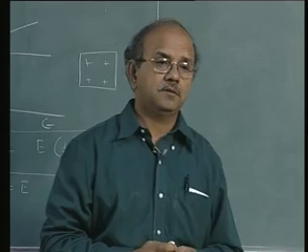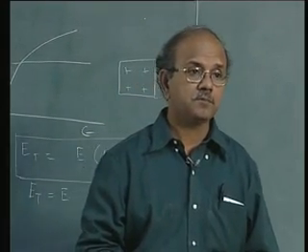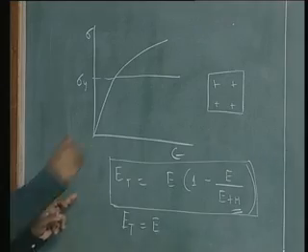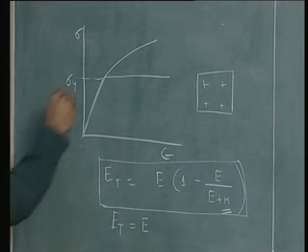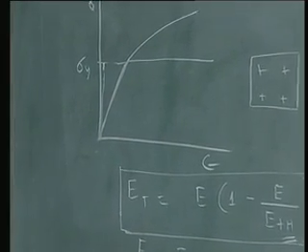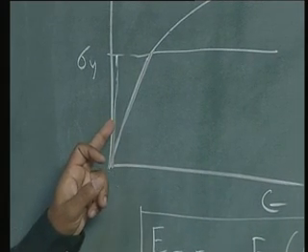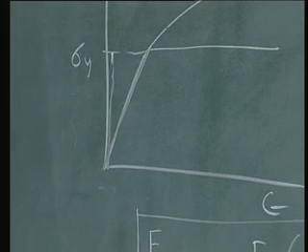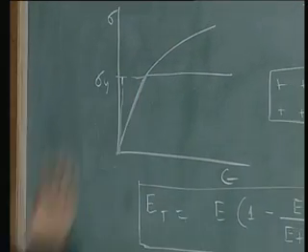In many problems, especially when we deal with forging problems, we may not be interested in the elastic part. Please note that I have exaggerated the slope. Actually, the slope will not be as high as that. I told you in the last class itself, the slope will be very, very close to the y-axis, and hence in many problems it may be possible to make an assumption that the elastic part is absent, and treat the problem itself as rigid plastic.